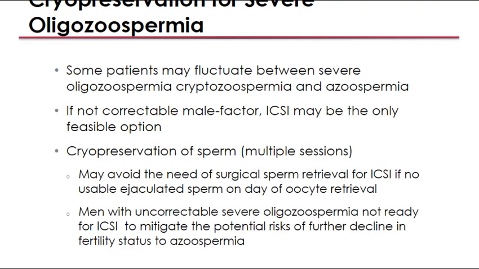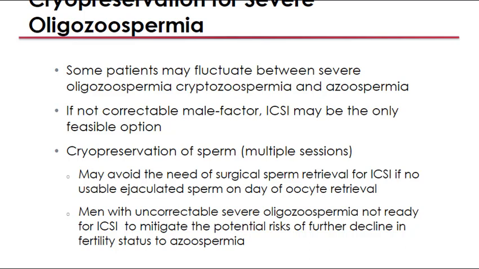Extremely low sperm concentration may fluctuate from severe oligozoospermia to cryptozoospermia to azoospermia. Cryptozoospermia is when sperm are found only after centrifugation and concentration of the sample.